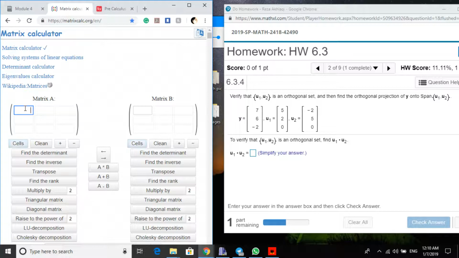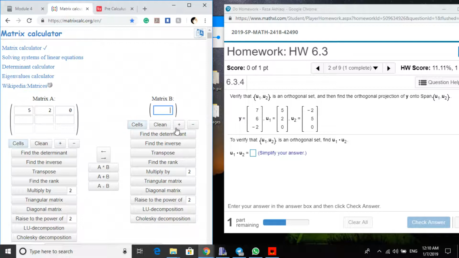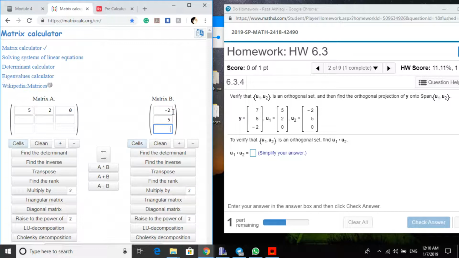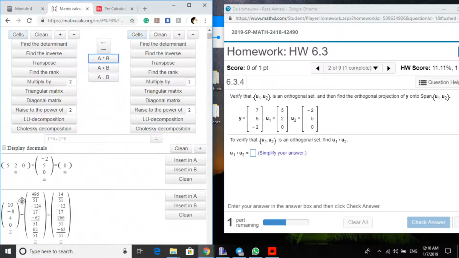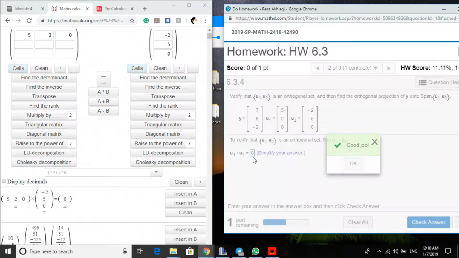It's going to be 5, 2, 0, times u2, which is -2, 5, 0. The answer is 0, and that means this is an orthogonal set. And as you see, the calculator accepts the answer.